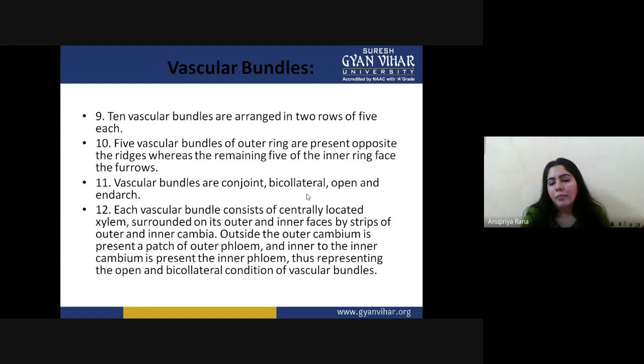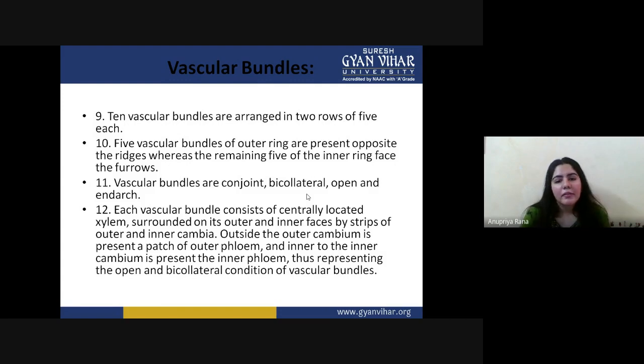Outside the outer cambium is a patch of outer phloem, and inner to the inner cambium is the inner phloem. So this is the simple arrangement you can see in a bicollateral vascular bundle: central xylem, two layers of cambium, an outer phloem outside the cambium, and an inner phloem inside the cambium.